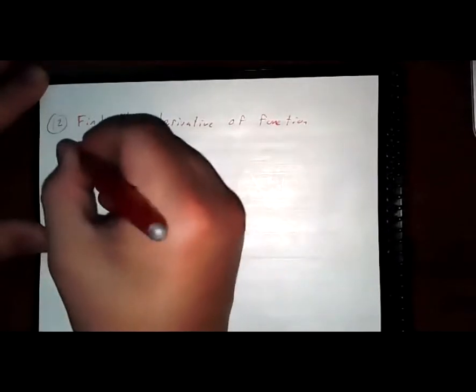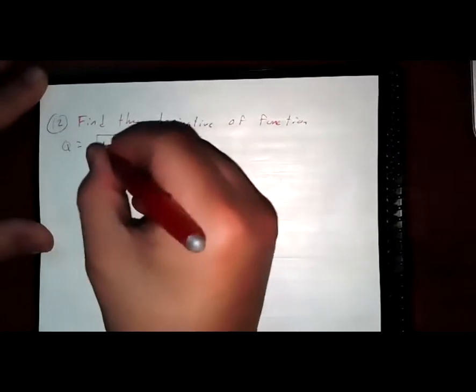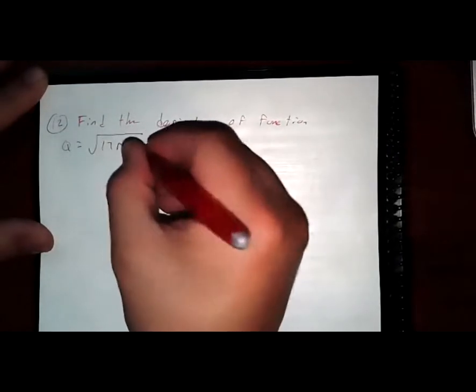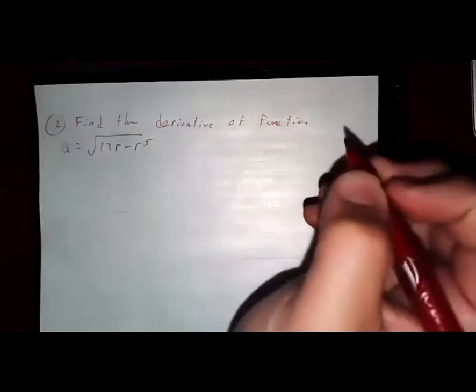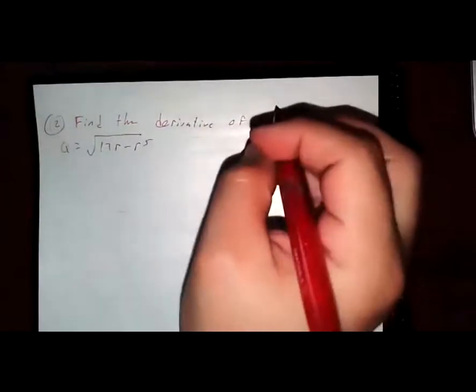All right. So they give us this function: q is equal to the square root of 17r minus r to the fifth. So the derivative of q. Well, first we should rewrite the q.